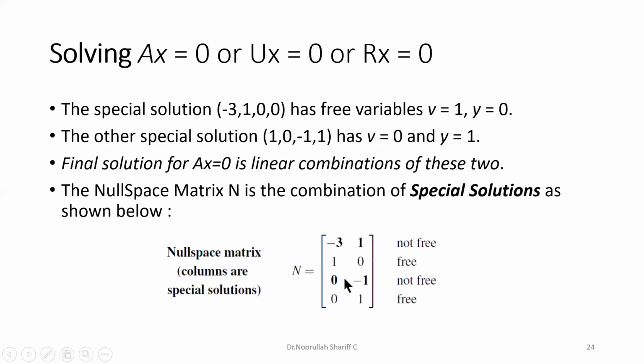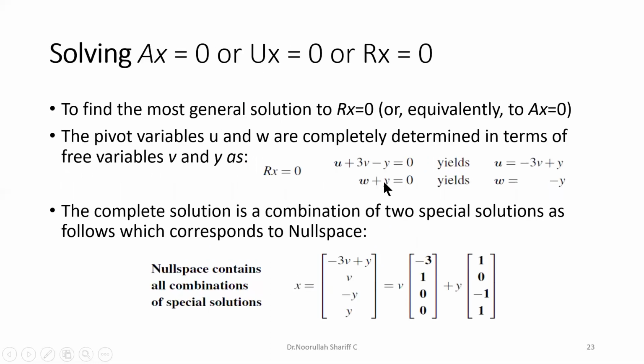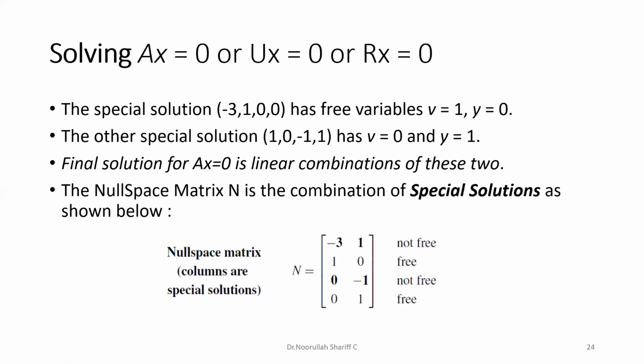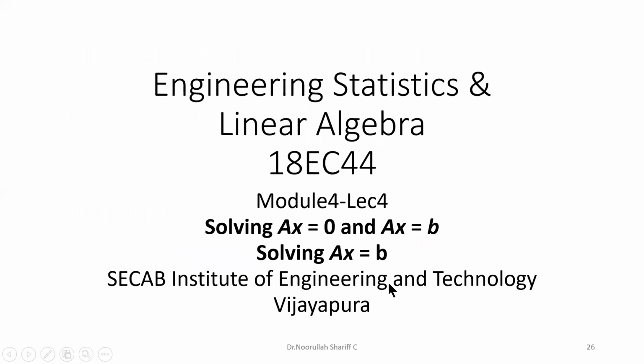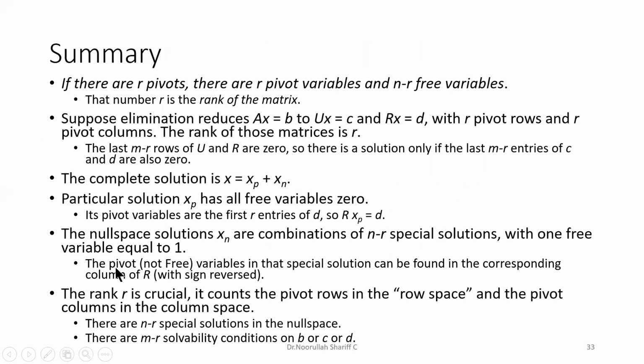Similarly, the not free 0 and -1 over here are the negative of the values over here, 0 and 1. So the not free variables in the special solution can be found in the corresponding columns of R with sign reversed.